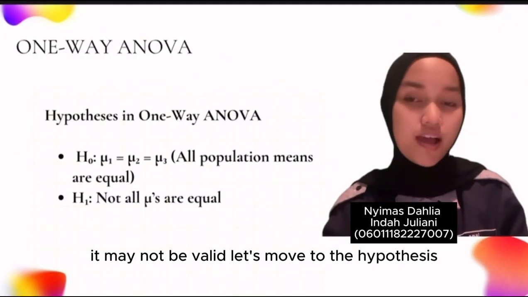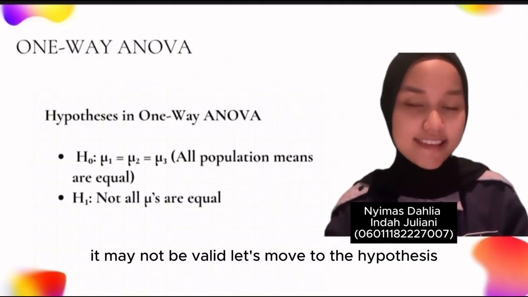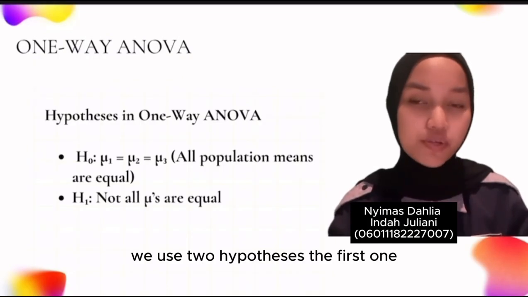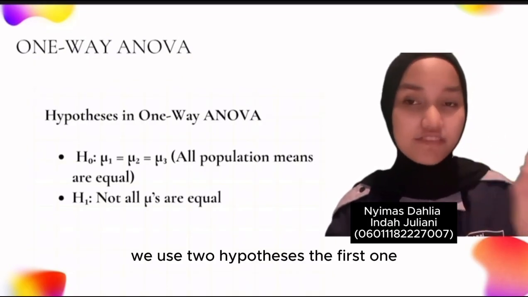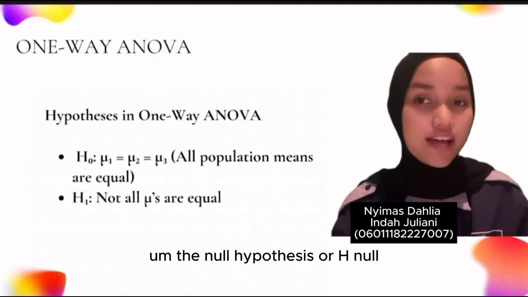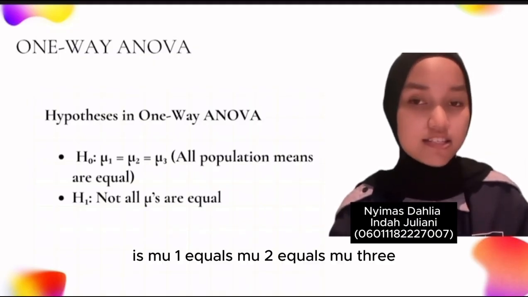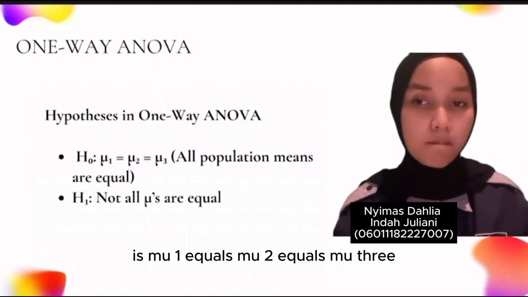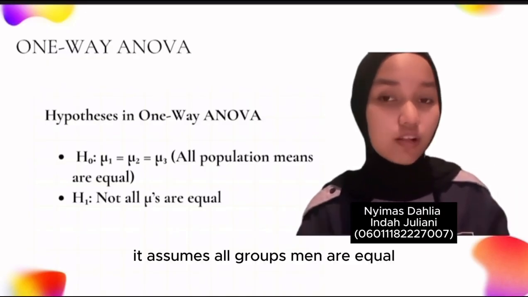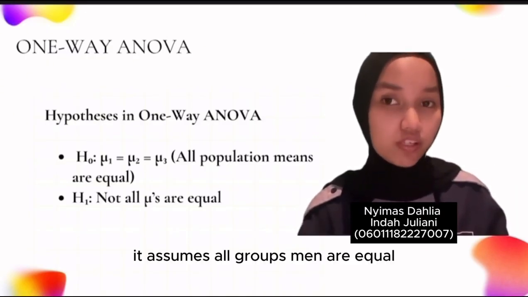Let's move to the hypothesis. So in one-way ANOVA, we use two hypotheses. The first one, the null hypothesis or H0, is mu1 equals mu2 equals mu3. It assumes all group means are equal.